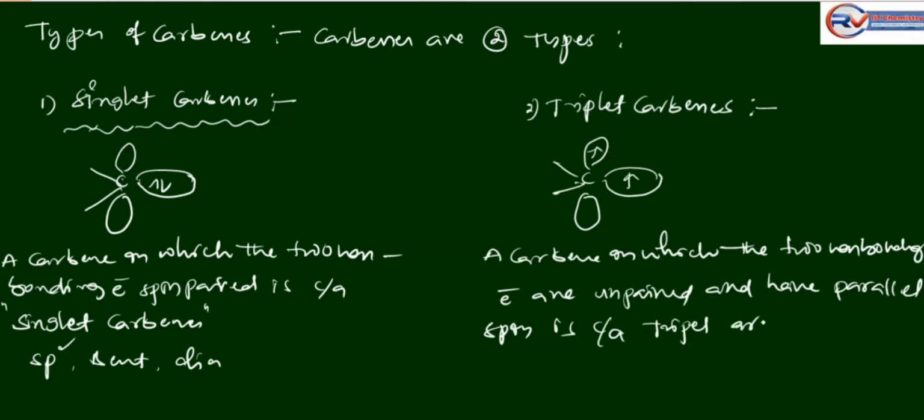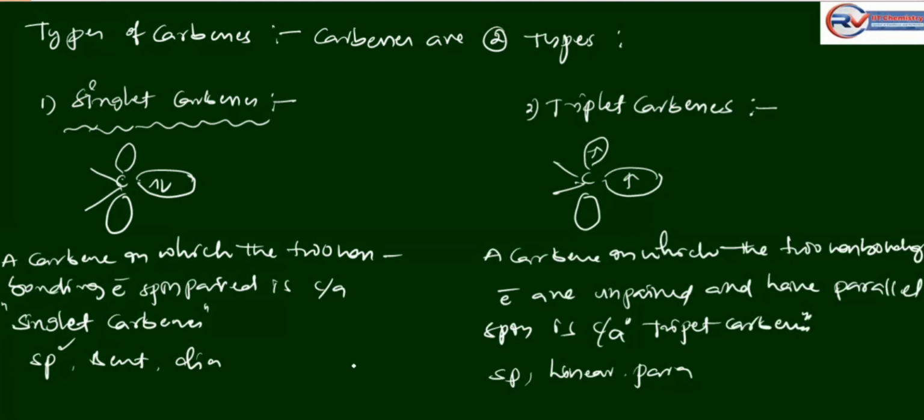Triplet carbene undergoes sp hybridization. It is a linear structure. It shows paramagnetic nature. Singlet means the same orbital with spin paired. Triplet means different orbitals with parallel spin.